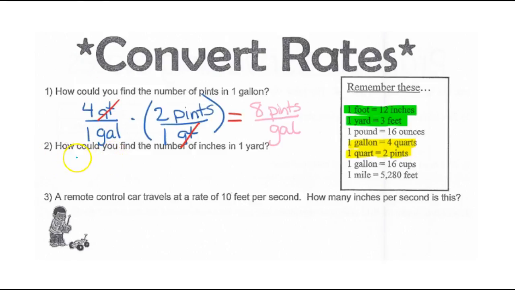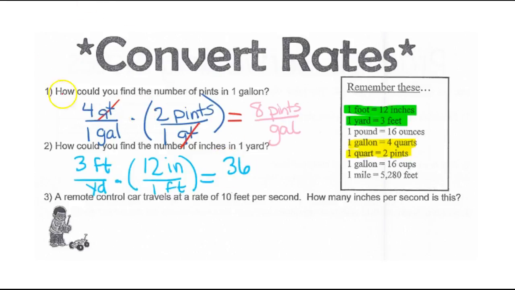We start with 3 feet per every 1 yard, and we multiply that by 12 inches for every 1 foot. 3 times 12 is 36. When we look at our units here, feet divided by feet cancel, and then we're just left with 36 inches per 1 yard.